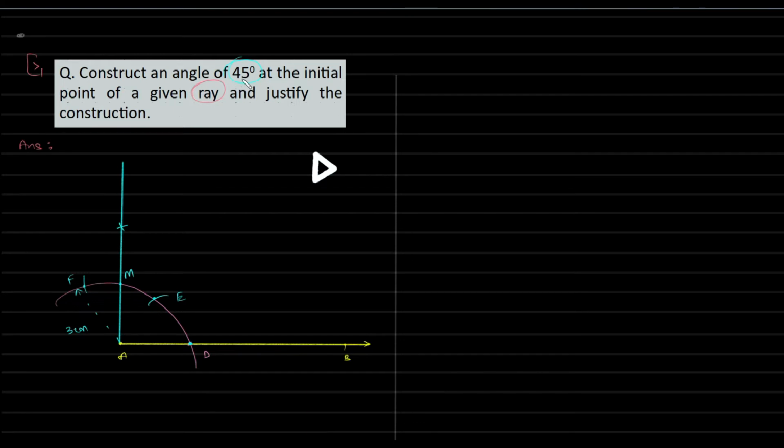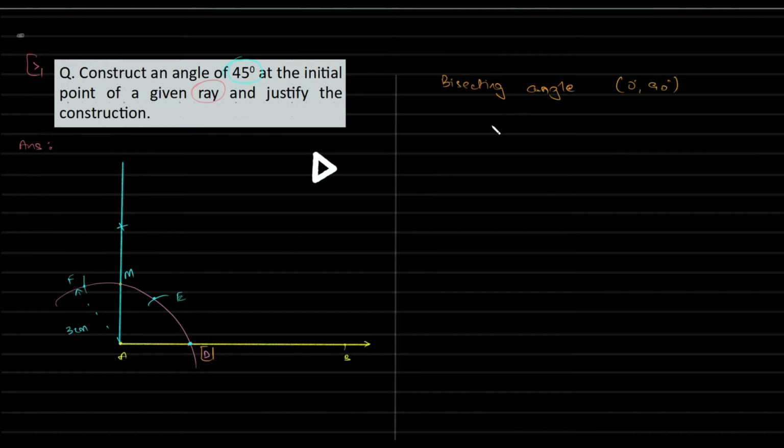Why are we doing it? We are using the concept of bisecting the angle which is between 0° and 90°. See, D is at 0°, right? AB being the ray, D is a point at 0°, while M is a point at 90°.